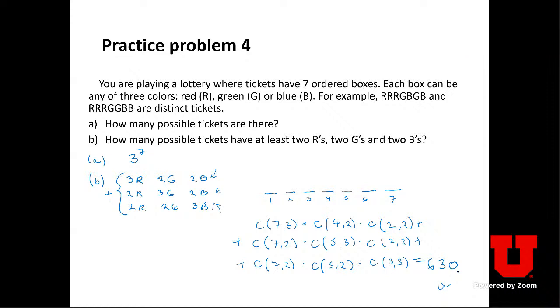Question. Yeah. So the way that I set up this problem was I selected the 7 boxes, and then I did choose 2 out of 7 for the reds, times choose 2 out of 5 for the greens, times choose 2 out of 3 for the blues. Is that also a legitimate setup for the problem? Because I got 630, which was the right answer.